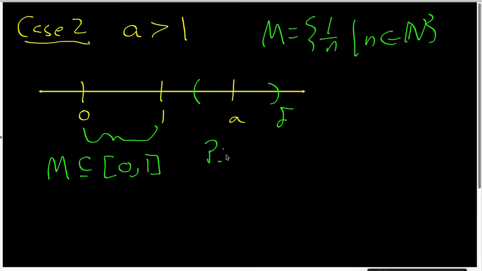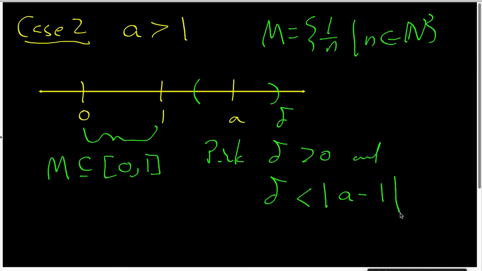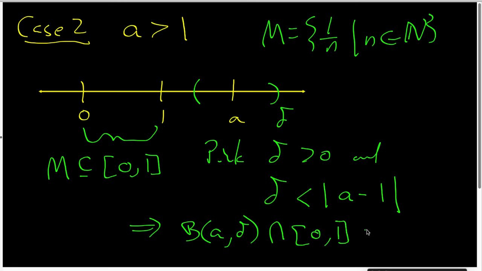In other words, I want to pick delta to be bigger than 0 and smaller than the distance between A and 1. And that will say that the delta ball centered at A of radius delta intersected with the closed interval between 0 and 1 is empty.